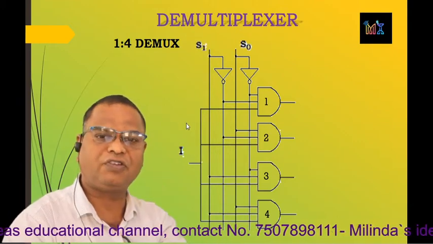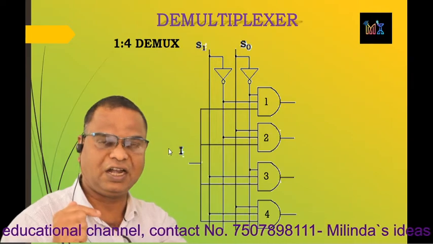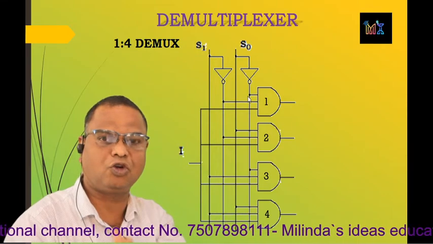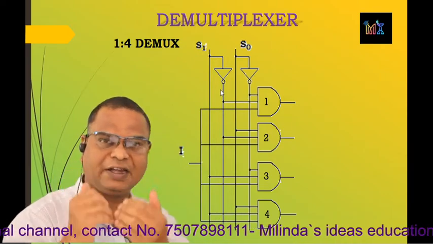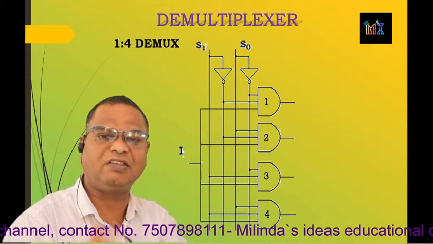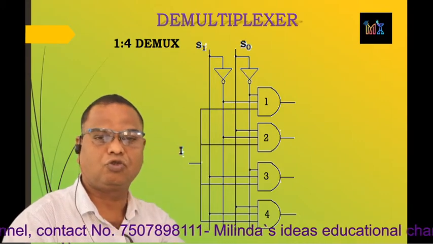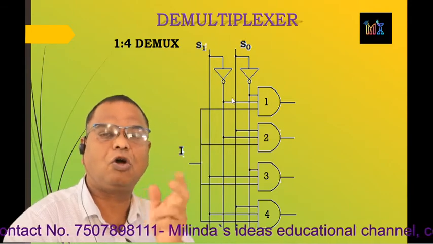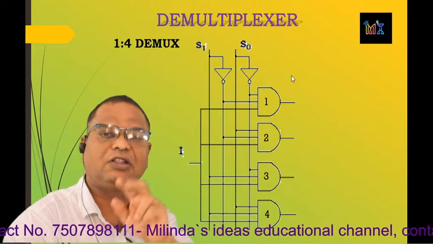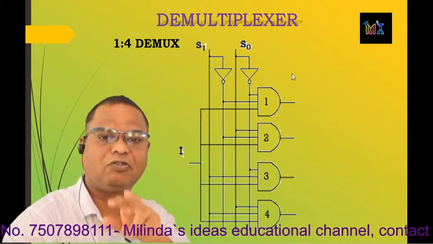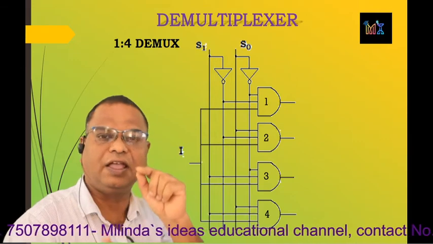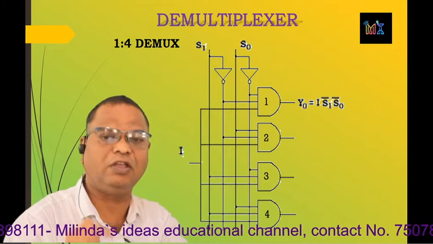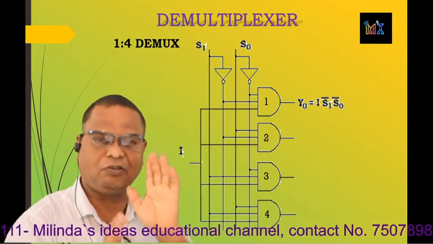The inputs for the first AND gate are I, that is data, and the complements of S0 and S1, that is the outputs of both NOT gates, because the control input is applied either directly or, in some cases, through a NOT gate. So the inputs are I, S0 complement, S1 complement. So the output of this gate is Y0 equal to I, S1 complement, S0 complement.